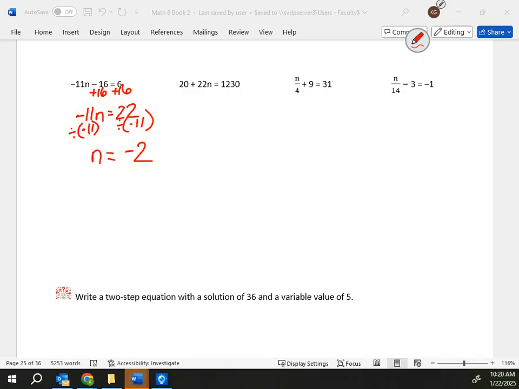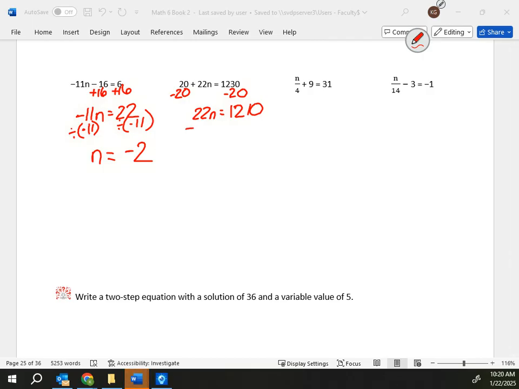But there's no adding or subtracting a 20. So we need to remember that means it's a positive 20. So we need to do the opposite of positive 20, which is negative 20, which is minus 20. So we have 22n equals 1210.